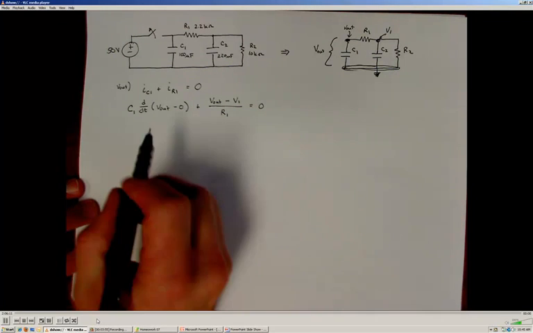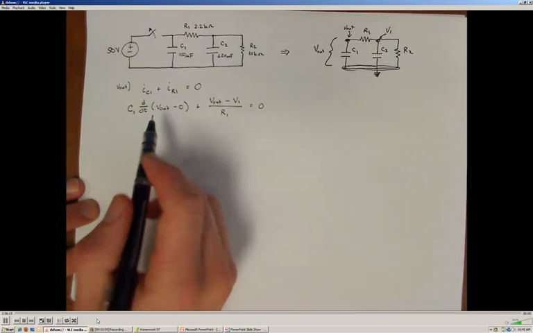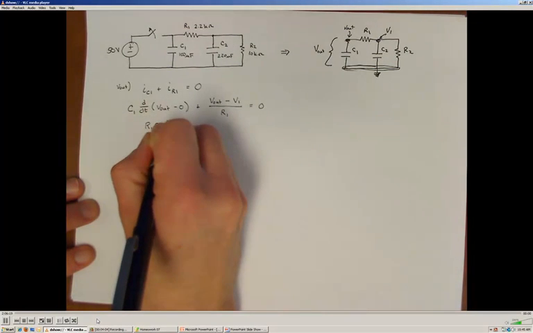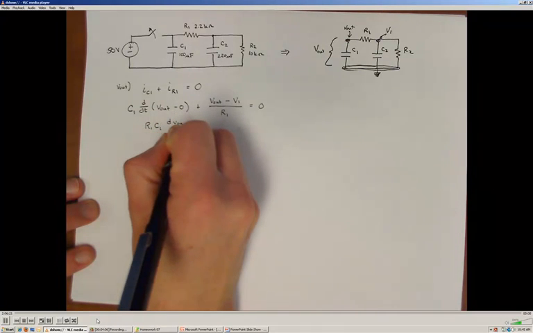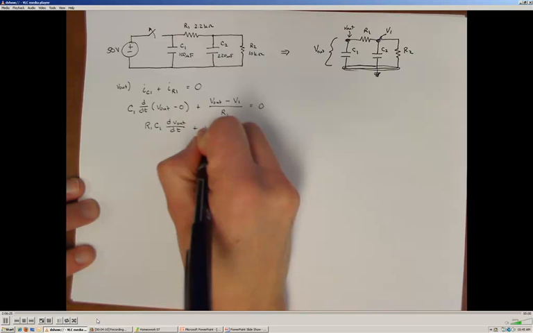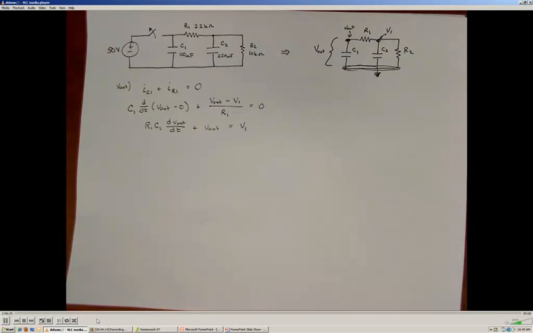All right, so taking this derivative and rearranging things a bit, I wind up with an equation that tells me that R1 C1 times the first derivative of the output voltage with respect to time plus V out has to be equal to V1. You say, wait a minute, that's a first-order differential equation. Well, of course it is.